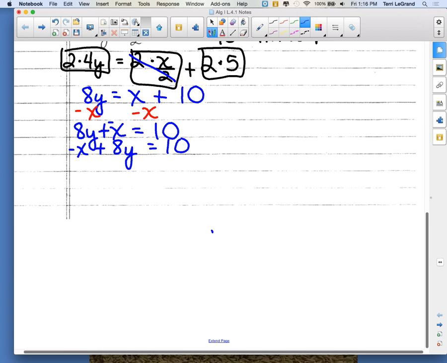So our A value, what is it? -1. There's an invisible 1 between that negative sign and that x, right? Our B value is 8, and our C value is 10. Questions?